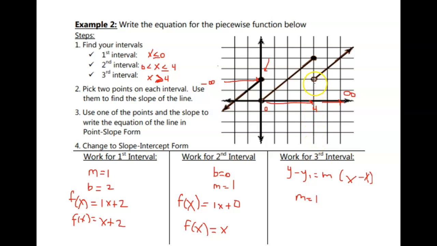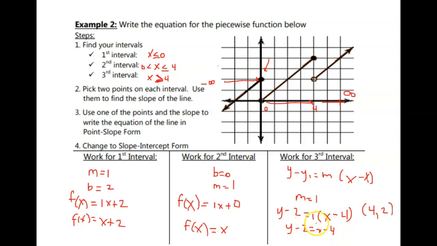And then I'll just use a point. The point that I'm going to use is the boundary point, 4. And it looks like it's at 4, 2. So I'm going to use the point 4, 2 and plug that in to find the equation of this line. So I would have y minus 2 is equal to 1 times x minus 4. And if I look at that, that simplifies to y minus 2 is equal to x minus 4.